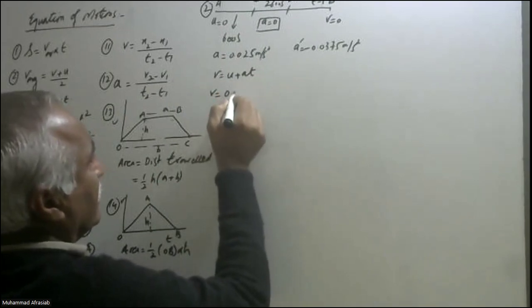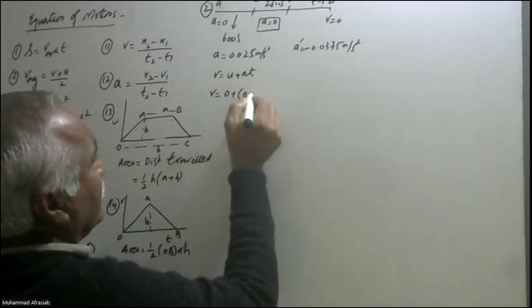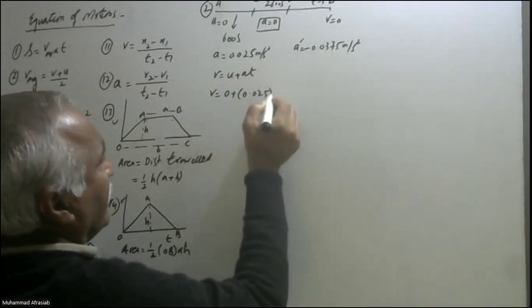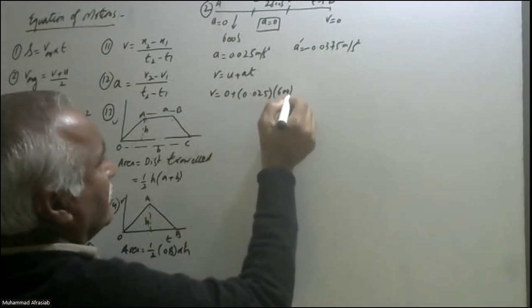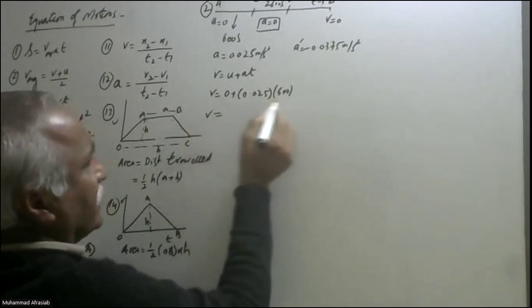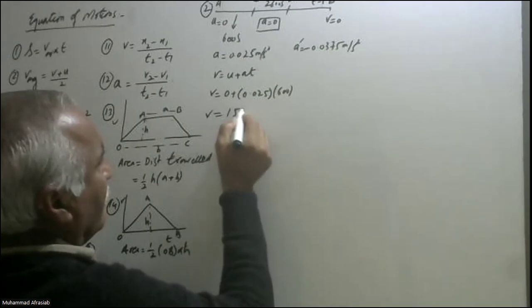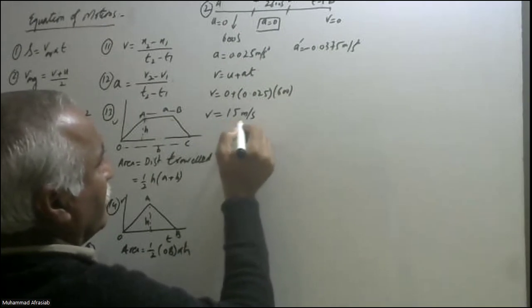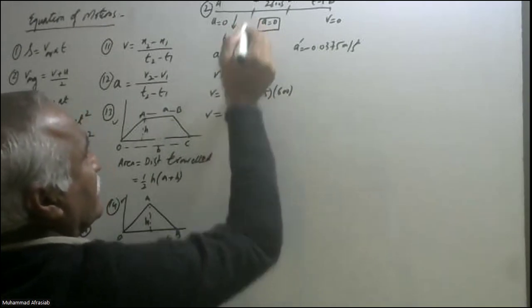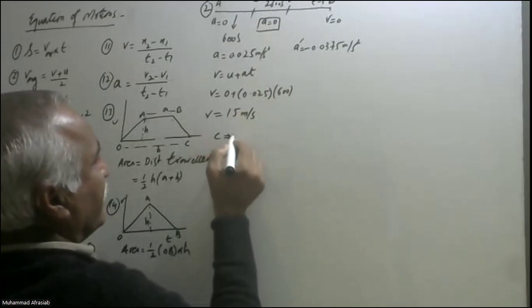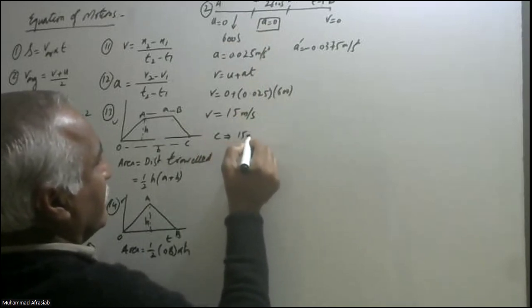U is 0, acceleration is 0.025, into time 600. After calculation, it is equal to 15 meters per second. So at this point C, its speed is 15 meters per second.